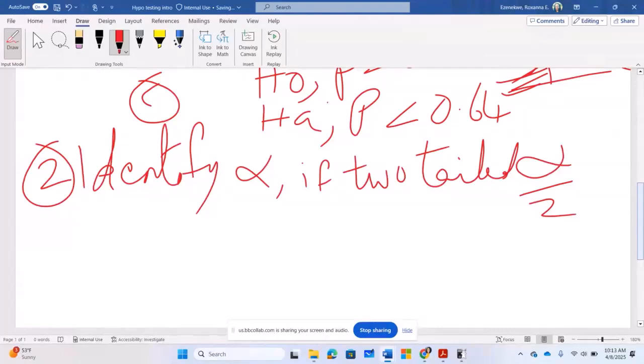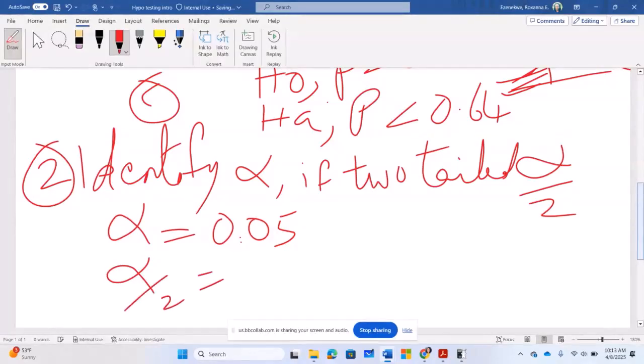So you can be given that you're doing the test for alpha of 5%. 5% is 0.05. Therefore, alpha over 2 is 5% divided by 2, which is 0.025.